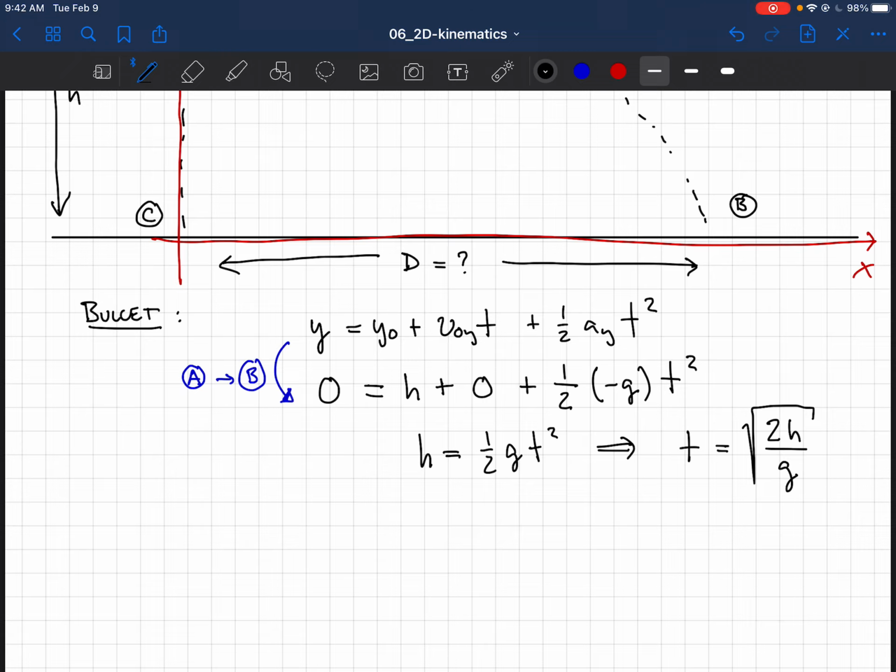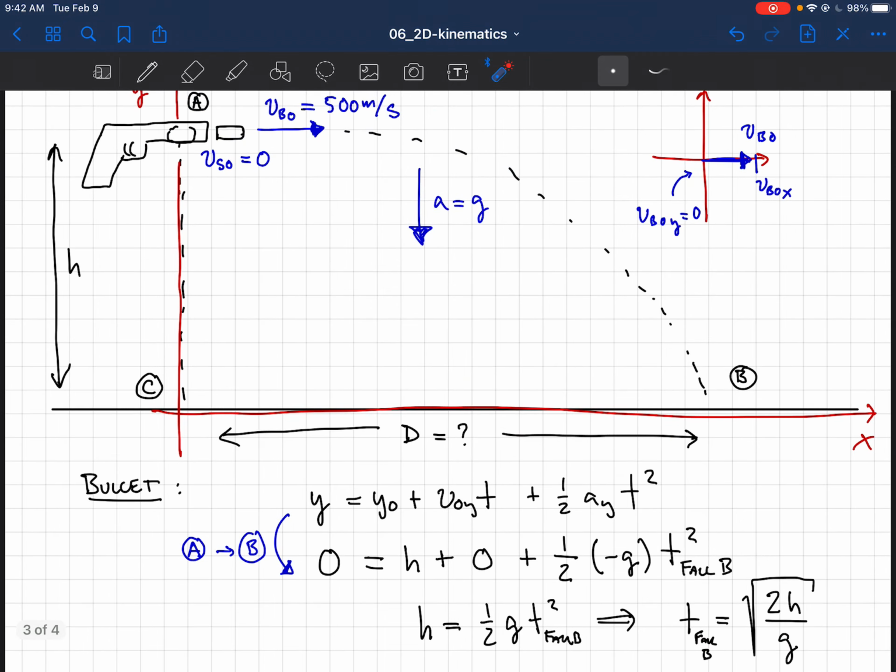So that will be the t fall for the bullet. So let's actually give it a name. T fall bullet. Okay? So we found the amount of time that it takes to fall.